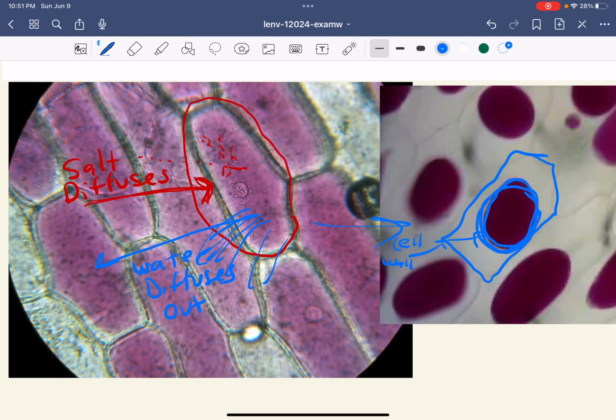It got dehydrated because water diffused out, from high concentration to low concentration. And the salt diffused in from high concentration on the outside to low concentration inside. Diffusion is the movement of molecules from high concentration to low concentration.